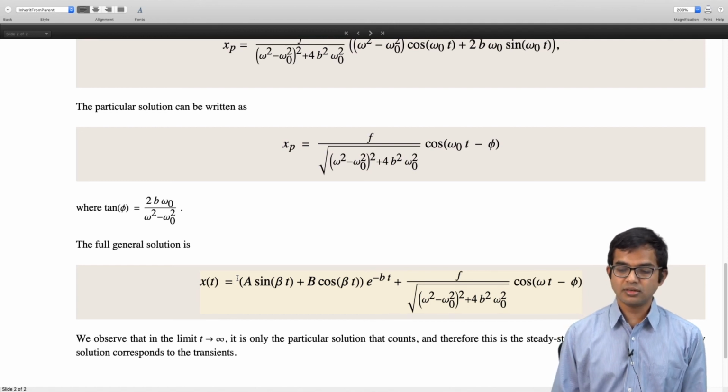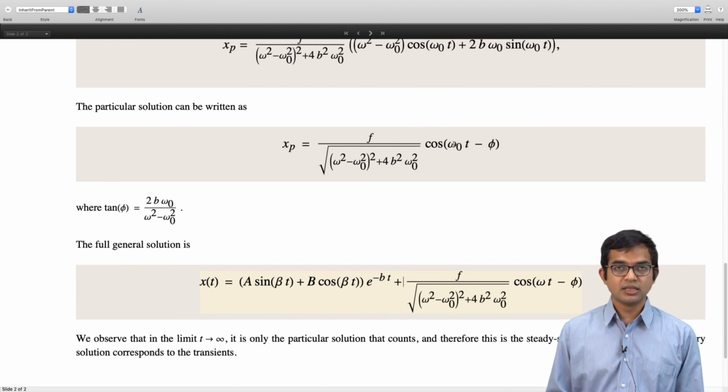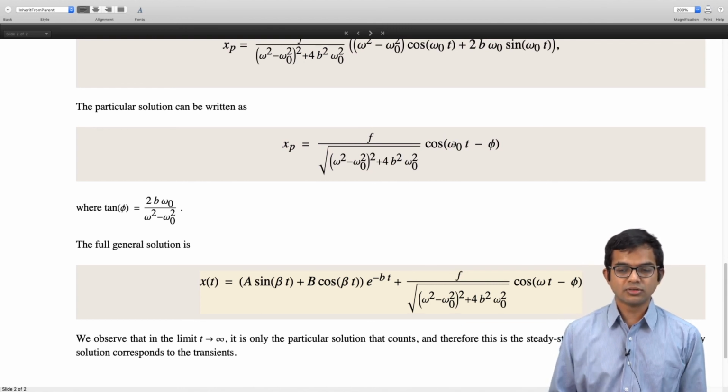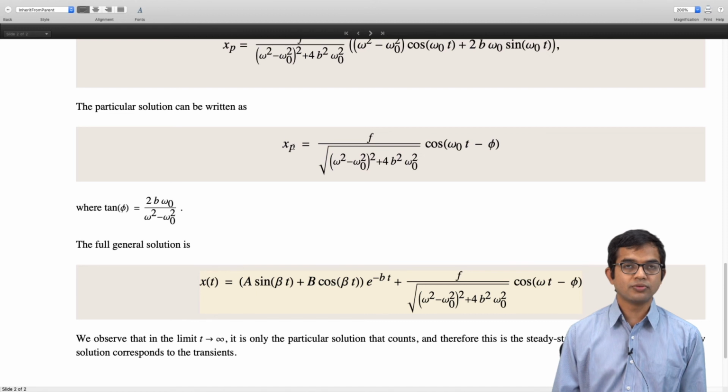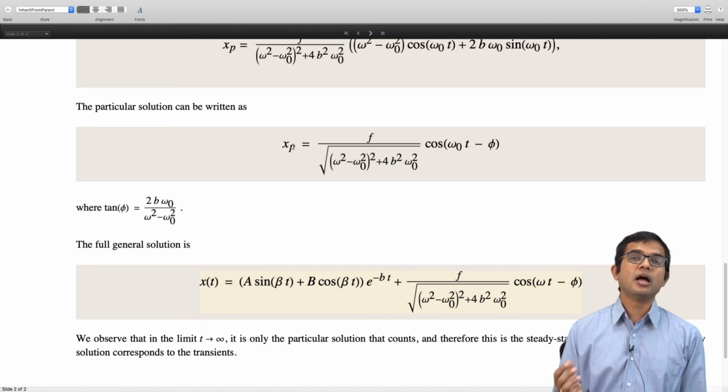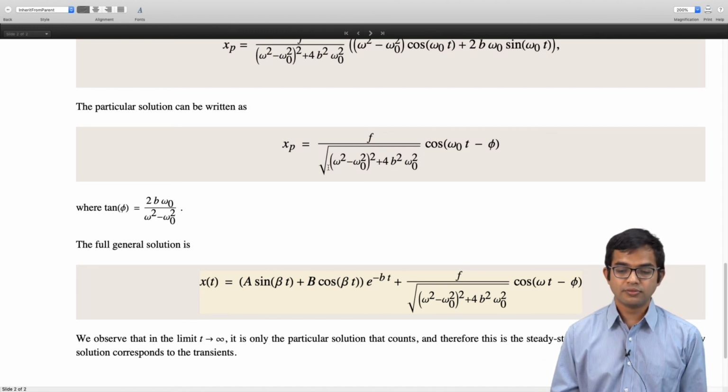The motion is going to be periodic with exactly the same frequency as the frequency of the external drive, and there is a certain phase difference between the motion of your particle and the externally applied drive, right? That's what this solution tells us.